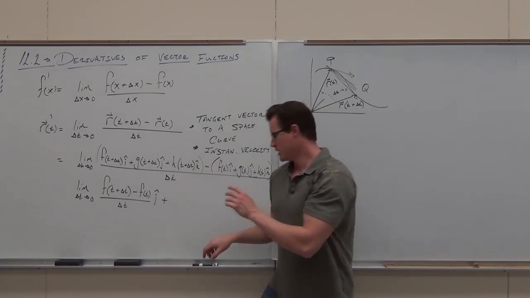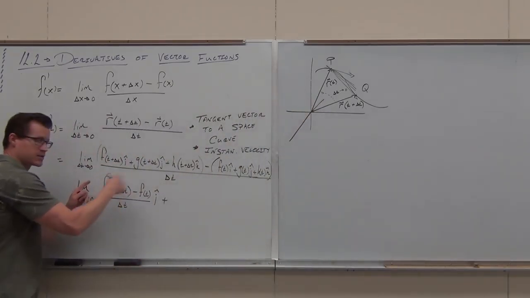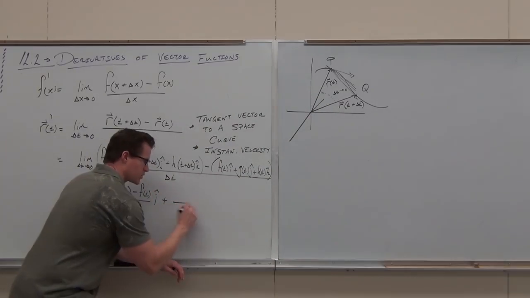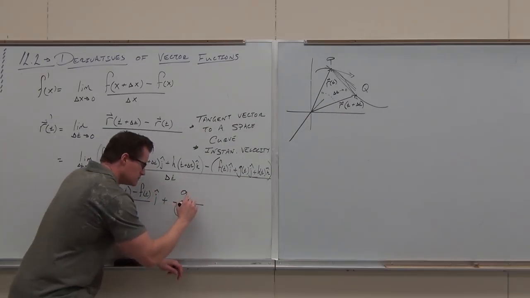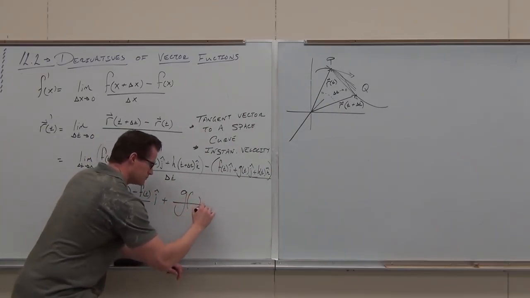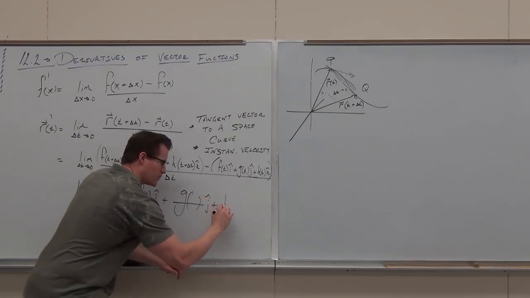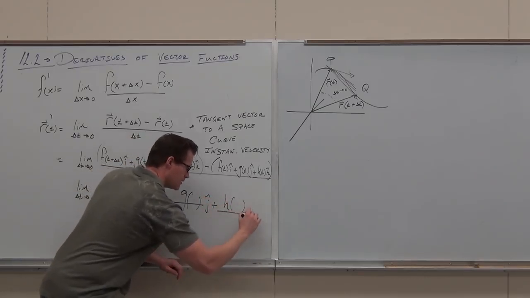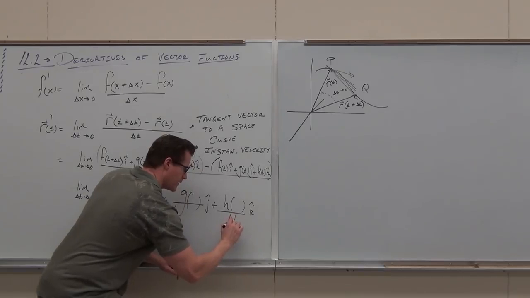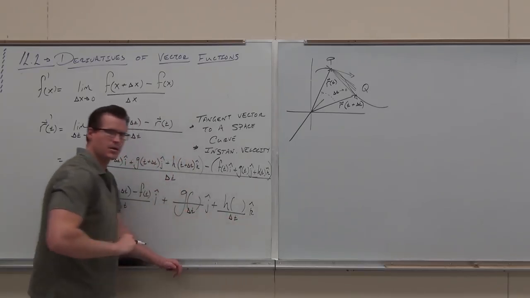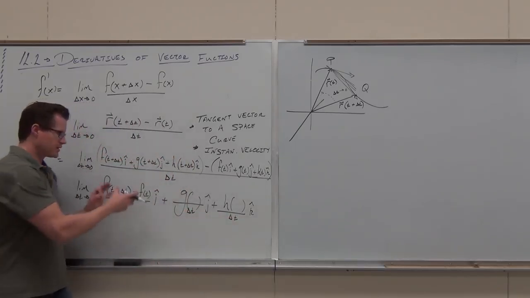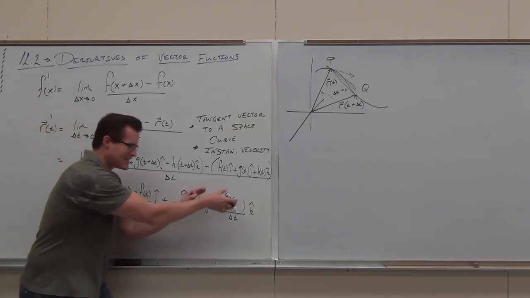Head nod if you understand that. So I'm going to put the stuff with f's, i, the stuff with g's, j, and the stuff with h's, k, and they all have the same denominator. It's going to look the same. It's just this has g's and this has h's.